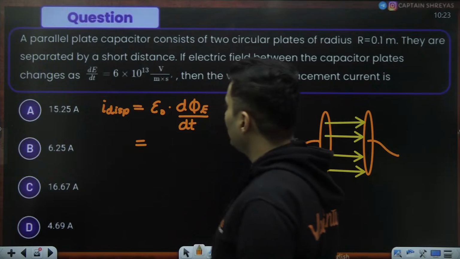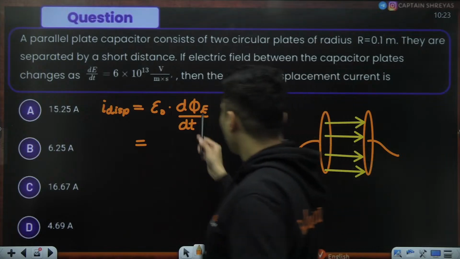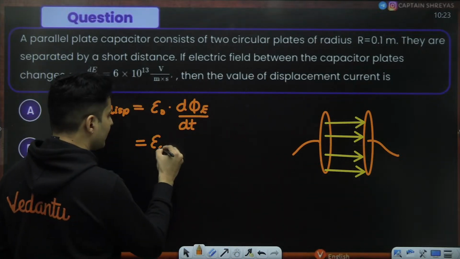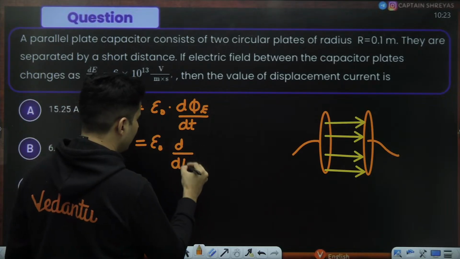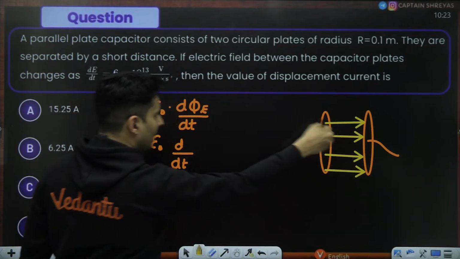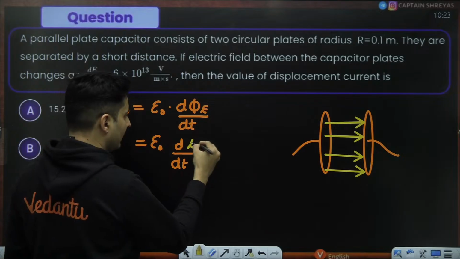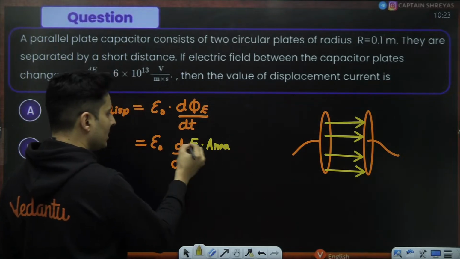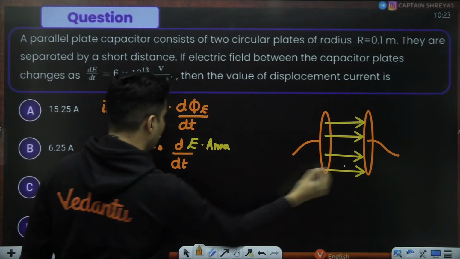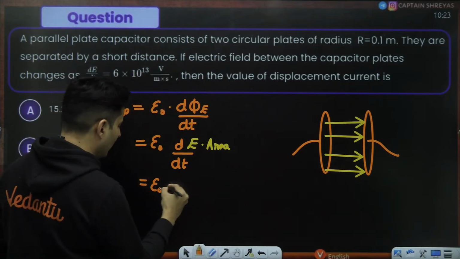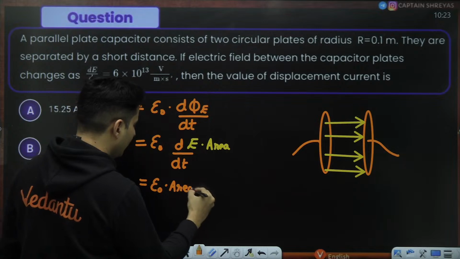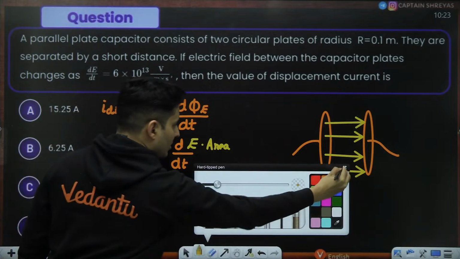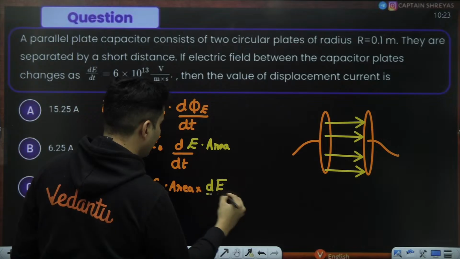Okay, so how do we do this? Well, electric flux is nothing but the electric field multiplied by the area. But the area is not changing, the field is changing, so area comes out. So I will just get epsilon naught multiplied by area multiplied by dE by dt.